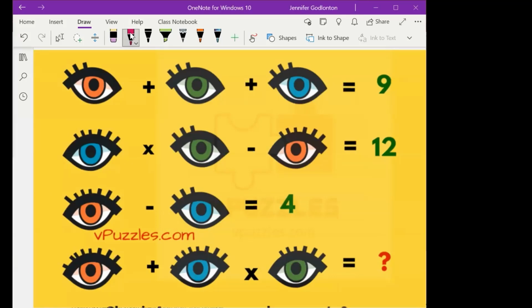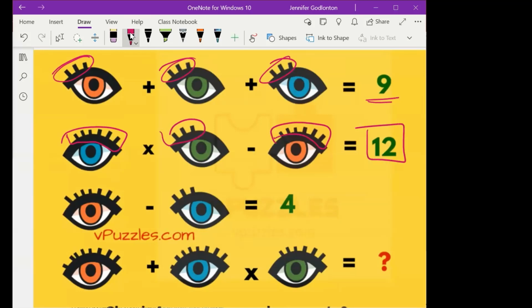Have a look. So the colors meant nothing. It was 3 plus 3 plus 3, which was 9. And then it was 6 times 3, which is 18, minus 6, which is 12. And this one was 8 plus 8 times 6, which was 56.